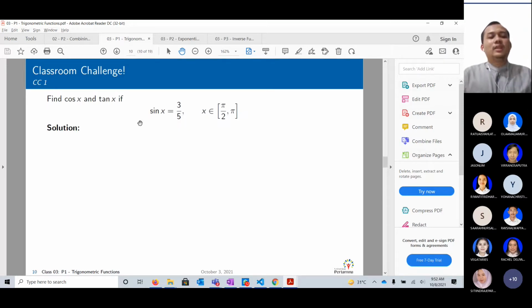So, what is the value of cosine x and tangent of x if sine of x is 3/5 and x is in this interval?